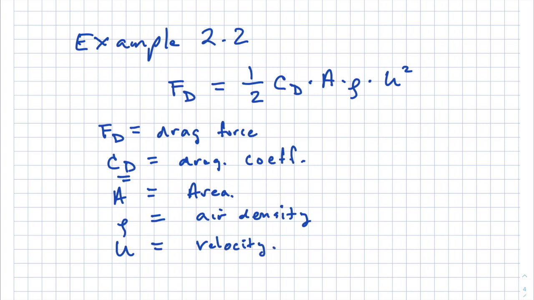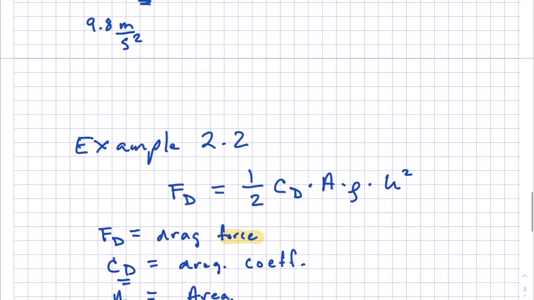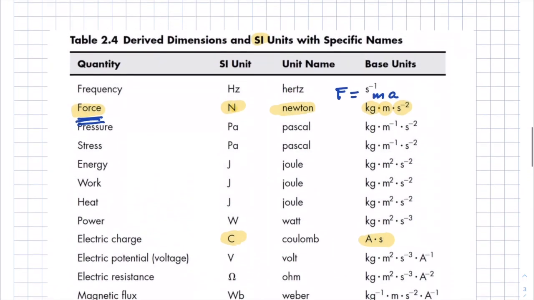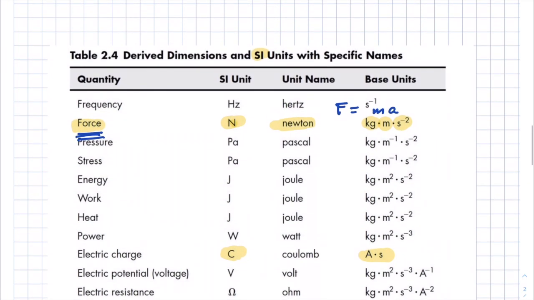You may need to refer to the tables, because these are derived units. Force is a derived unit. So I go up here and look at the table for force, and what I see is kilogram times meter per second squared.